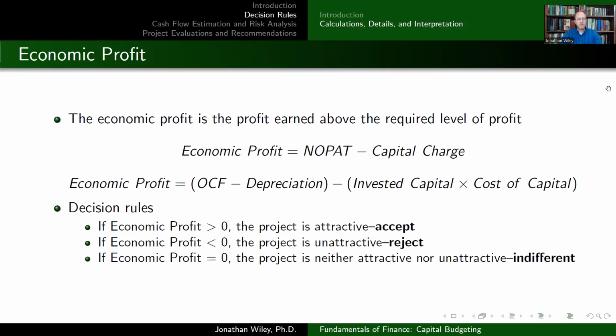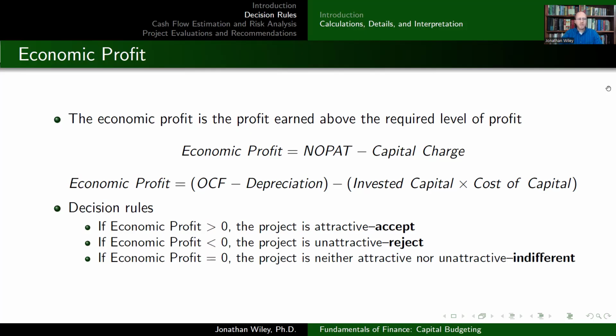The amount that's required is going to be the invested capital amount times the cost of the capital. So again, if the investors have put forward $1 million, and the cost of the capital is 10%, 10% of $1 million is 100,000. Then I would take that operating cash flow minus depreciation, subtract what was required, and find out: is the project generating more than is required?